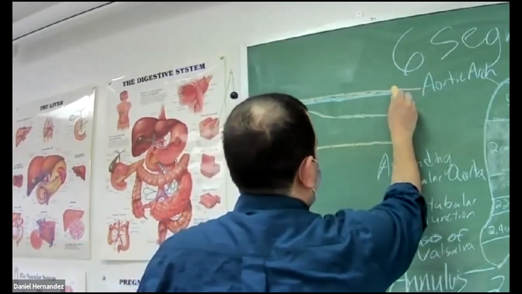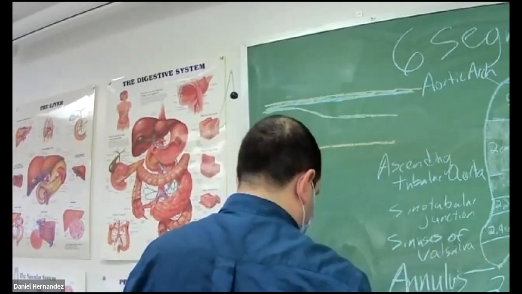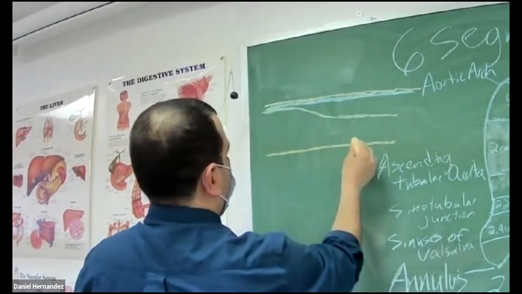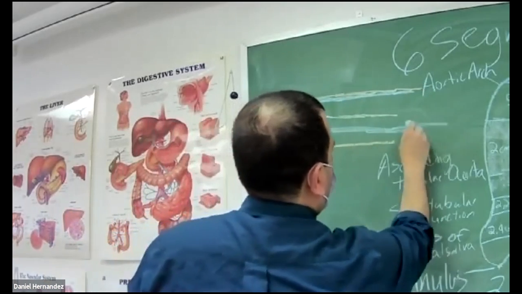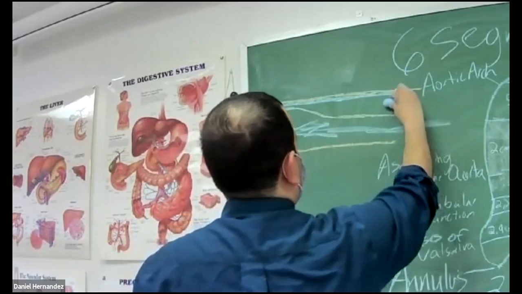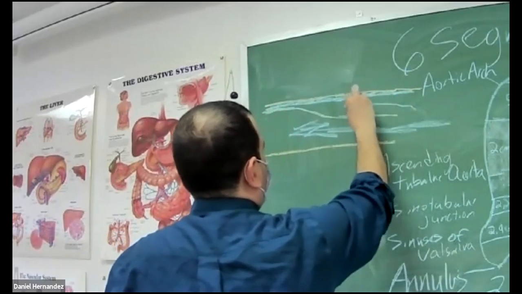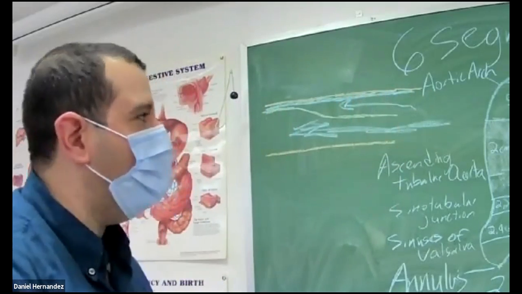And now blood flow is able to get in between those two layers. So if we have blood flow going in this direction, blood flow now is able to enter into what's called the false lumen, that channel.